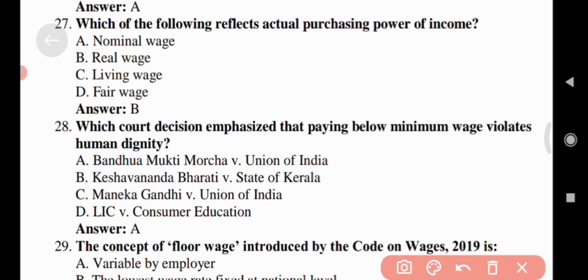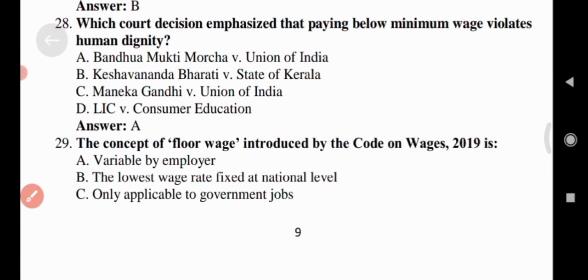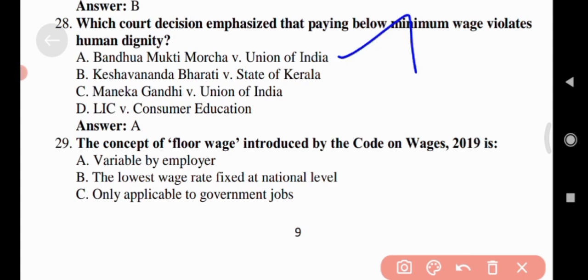Which of the following reflects actual purchasing power of income? Option B, real wage. Which court decision emphasized that paying below minimum wage violates human dignity? Option A, Bandhua Mukti Morcha v Union of India.